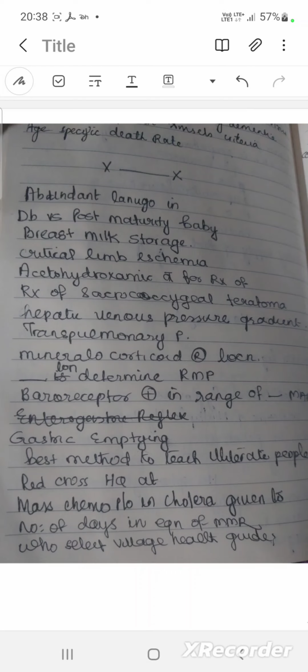Then next is gastric emptying. Before that, the baroreceptor reflex: the mechanism of action is to decrease BP.